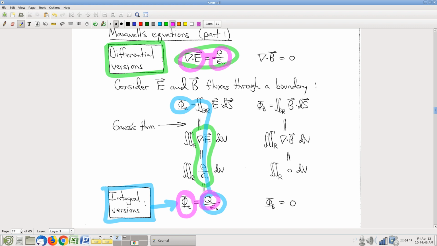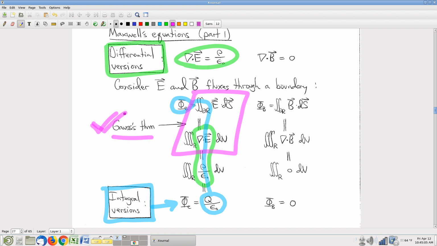I think it's very important not only to recognize that, if only culturally, because that's how you're going to hear them, but also to realize why that makes sense, why this is a very reasonable thing to call these equations. They are two different versions of the same thing, and seeing that requires using the divergence theorem.